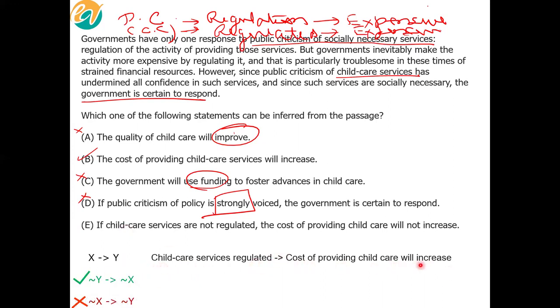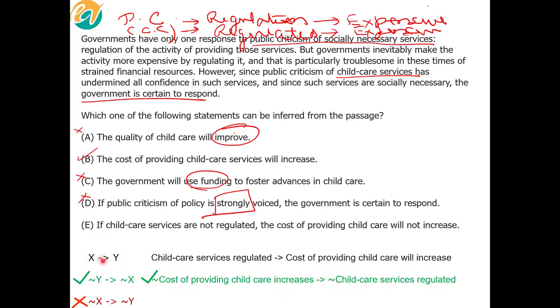When a logical relationship is true, what is also mechanically true? Contrapositive, right? When the relationship is true, the contrapositive is always true. Can someone tell me what will be the contrapositive of this? Very nice. If cost of providing childcare services does not increase, it clearly means that childcare services have not been regulated. So far, we are fine.